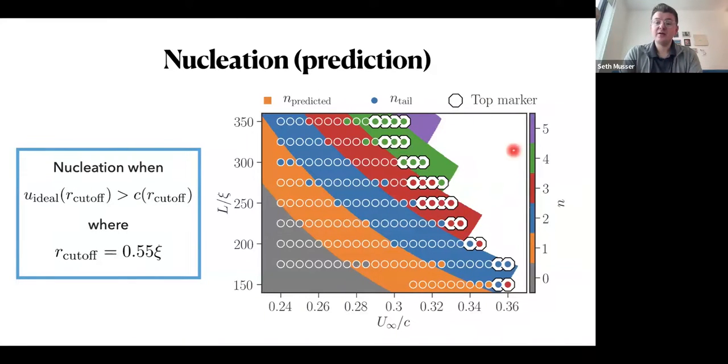And we additionally, in this white region, predict that we'll nucleate from the top whenever the velocity at the top of the foil, once we're done nucleating from the back, exceeds the local speed of sound. So we have somewhat good agreement here. It's a little less good, which we attribute to there not being a diverging velocity at the top. So there's less of a qualitative exceeding of this bound and more of just some quantitative agreement.